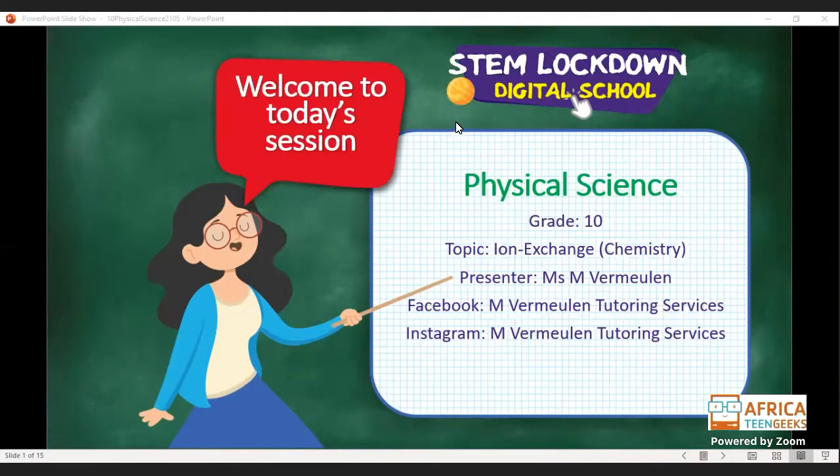Okay, guys. So today we are going to look at ion exchange reactions. Yesterday, we started looking at ion exchange and we explained the two different types of reactions, right? And I'm just going to touch base on that again.